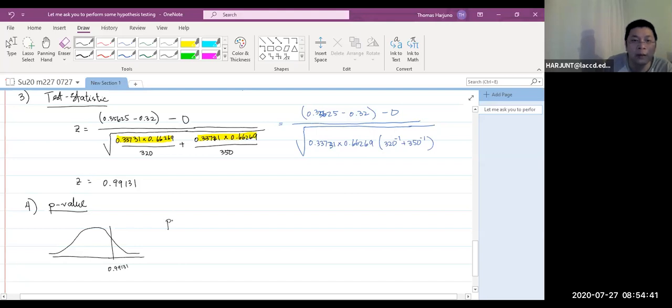So the p-value will be normal CDF of 0.99131 E 901.